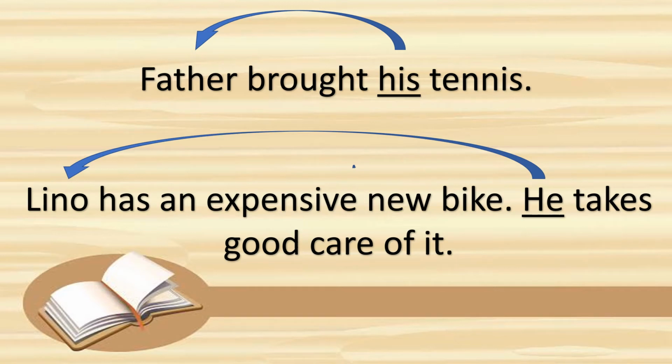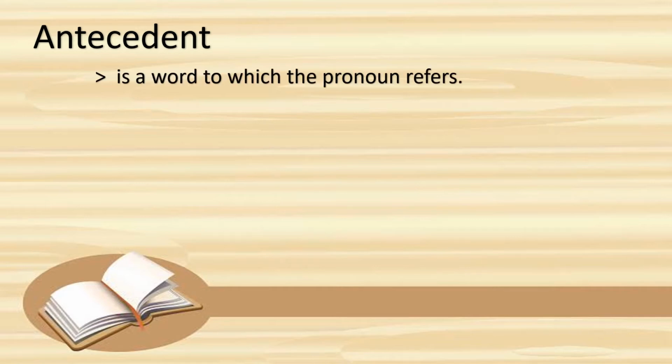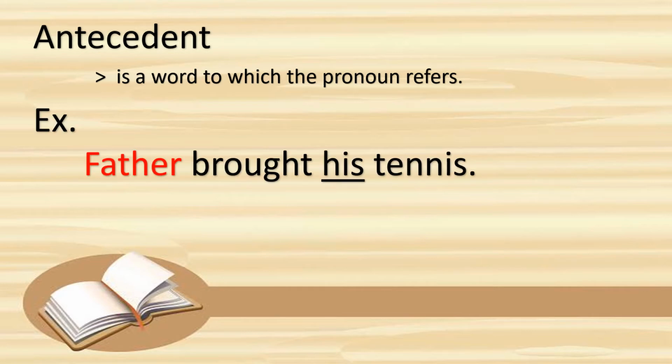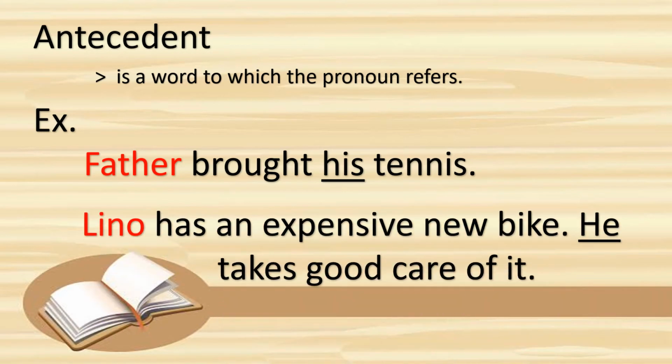So again, there's a term for that. Something that is being referred to by your pronoun is what we call an antecedent. An antecedent is a word to which the pronoun refers. Let's make use of our sentences from earlier. For number 1, Father brought his tennis.